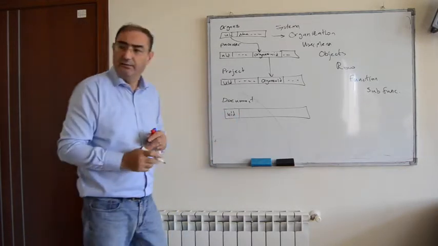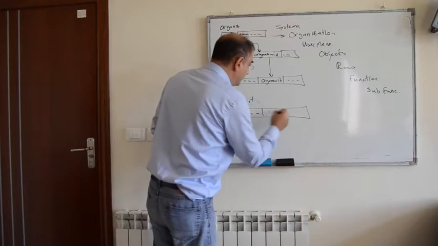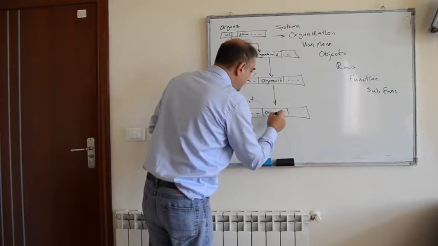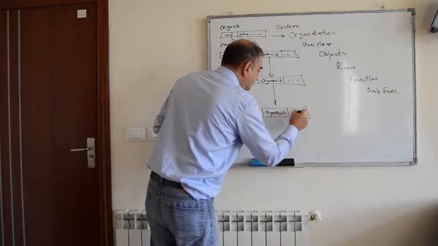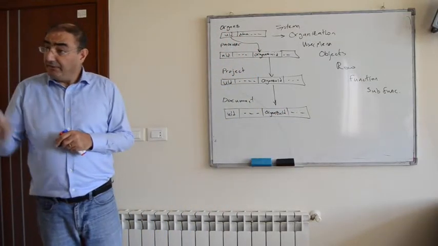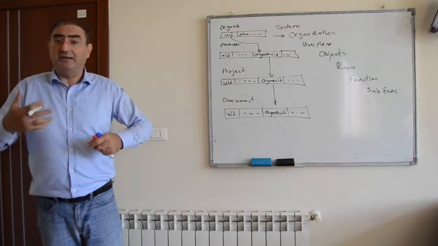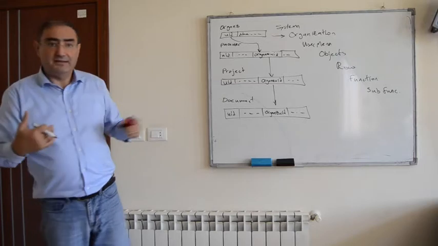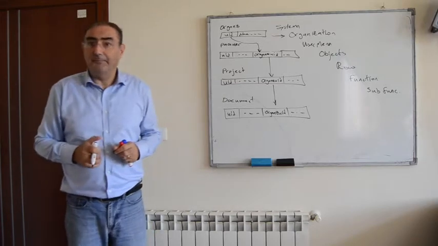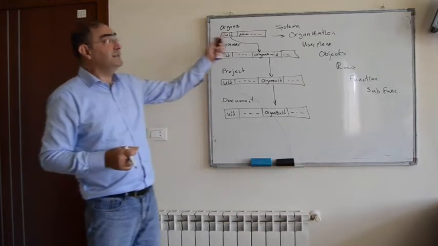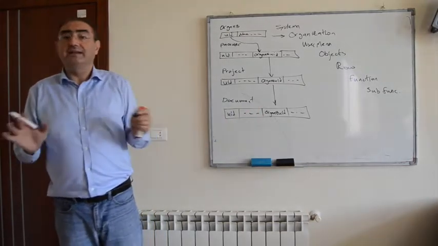It has a UID at the first column, has so many other columns, and it has the organs UID plus other columns inside it. It means every document that you create, depending on who you are, I know what organization this document belongs to. This is where you will find the organization.